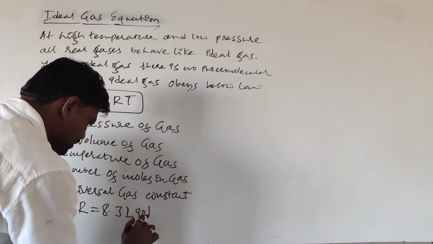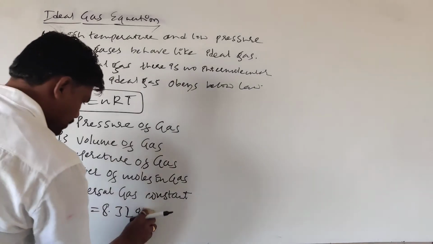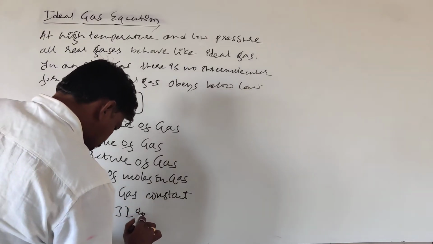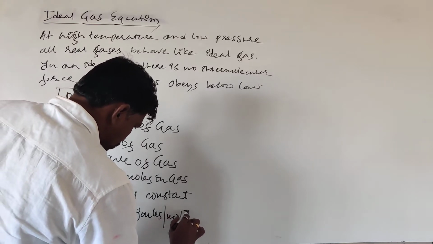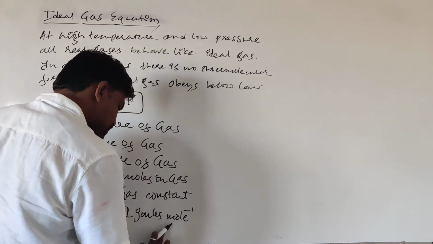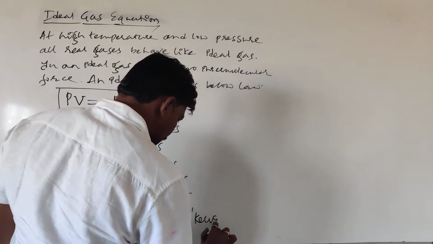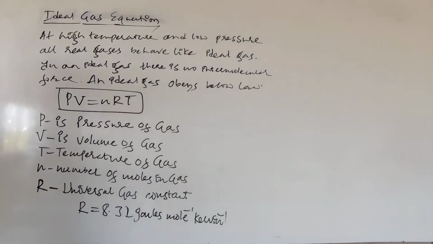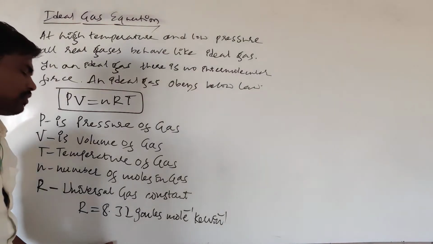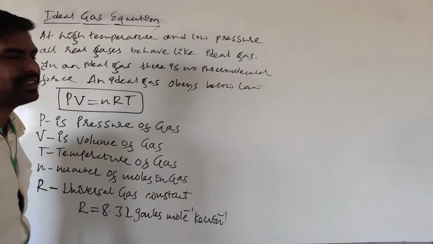That universal gas constant has a value of 8.31 joules per mole per Kelvin. This is the SI unit of this R, the universal gas constant.